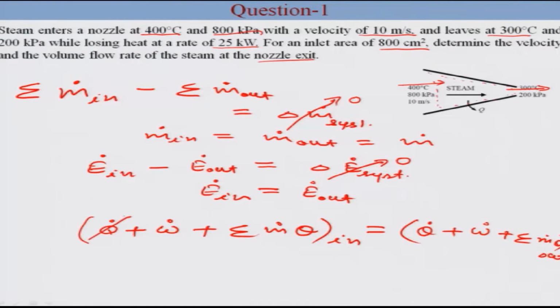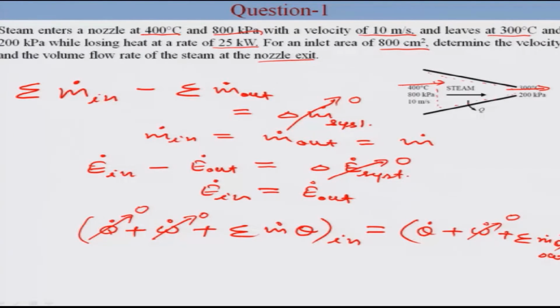Since no heat is going in and no shaft work is there in the system, these two terms will be 0, and there is no work done by the system, so this W dot will also be 0.